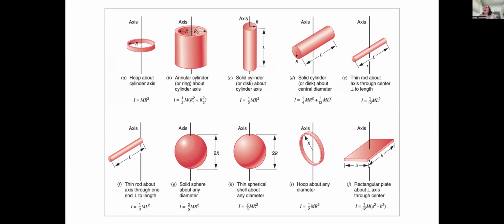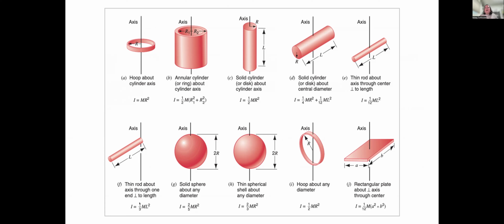And then a long thin rod rotated through an axis through its center, so that rotational inertia is 1/12 times the mass times the length of the rod squared. Long thin rod, another example for it is if it's rotated about an end instead of the middle, and that would be 1/3 ml squared.